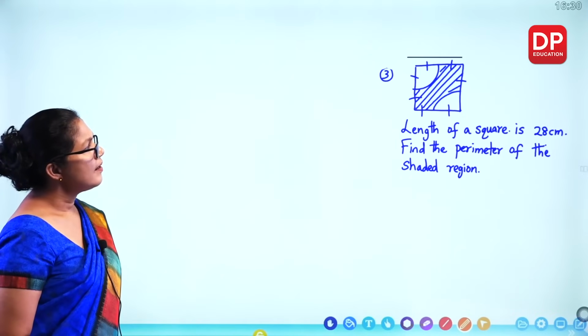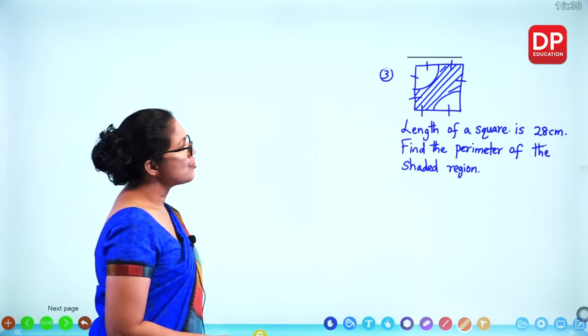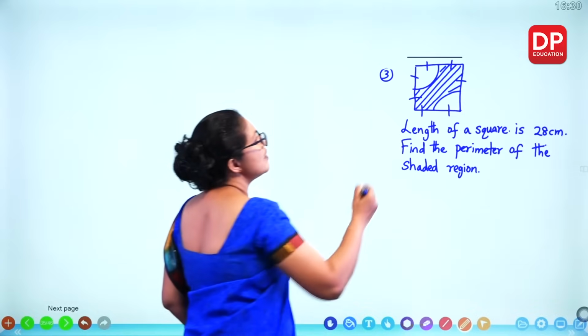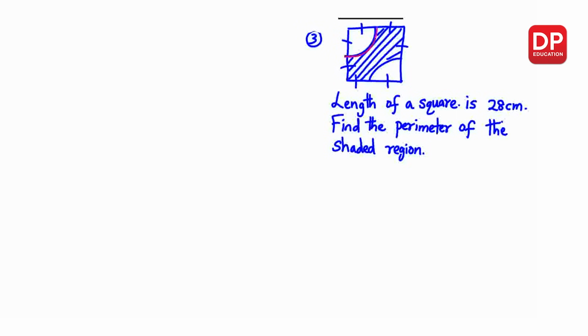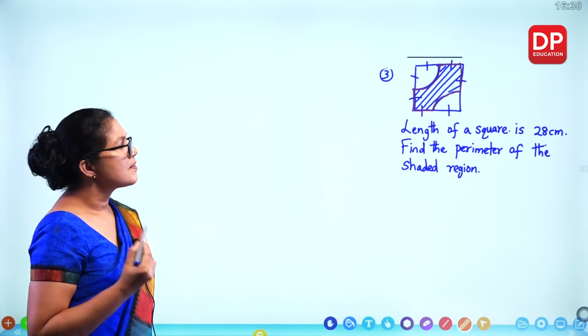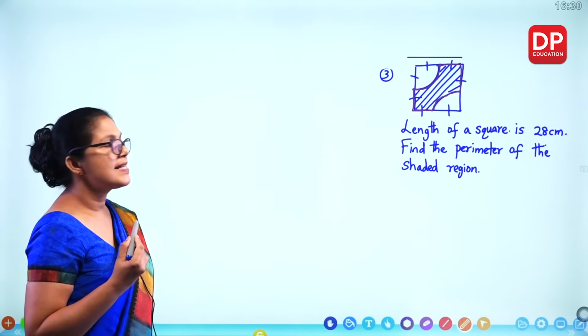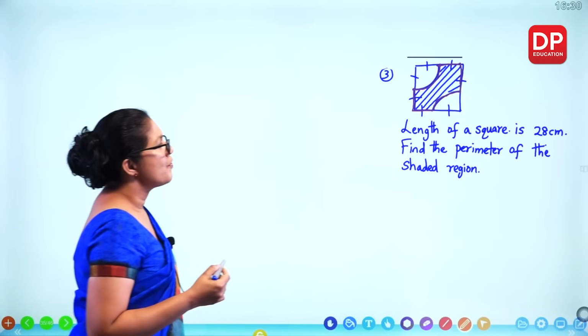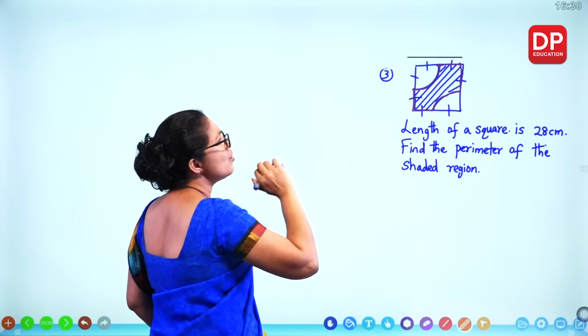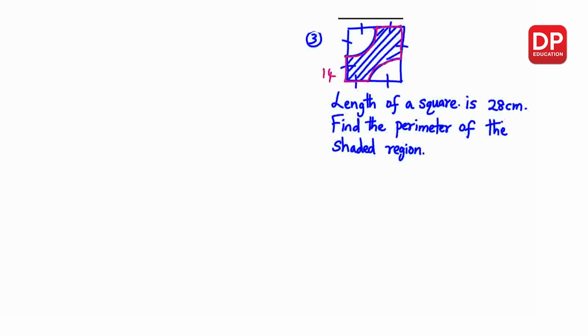Now look at the third question. This is a square and you are asked to find out the perimeter of the shaded region. So that means you need to find out this length and this length and this one. So here the square side is 28 centimeters. So that means what is half of it? Divide by 2, you get 14 each.